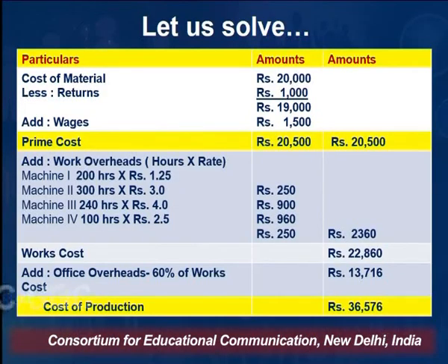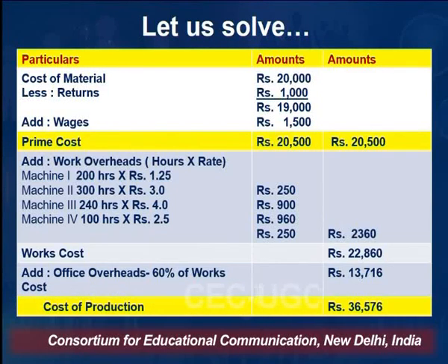So the cost of material reported here is 20,000. This cost of material is basically your RMC, that is your raw material consumed. And if you remember, while discussing the question, I told you that there is a reporting that material amounting to rupees 1,000 was returned to store. So your effective RMC or raw material consumed comes to be rupees 19,000.